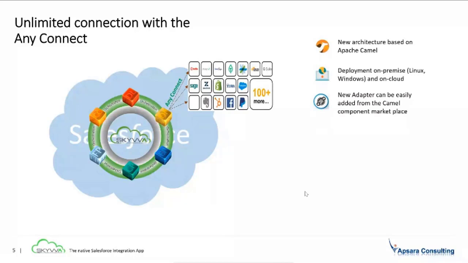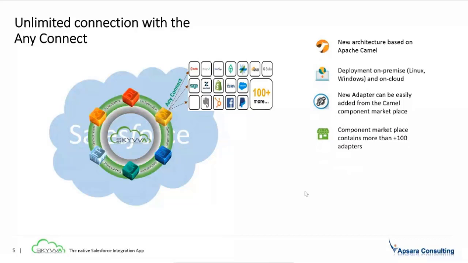Because we are using the framework, you can have different components. It's called a component, but this is a connector that is available that you can use. You can reconfigure it to include it in the ANY Connect, so that we can have a lot of connectors to put into our ANY Connect in future.